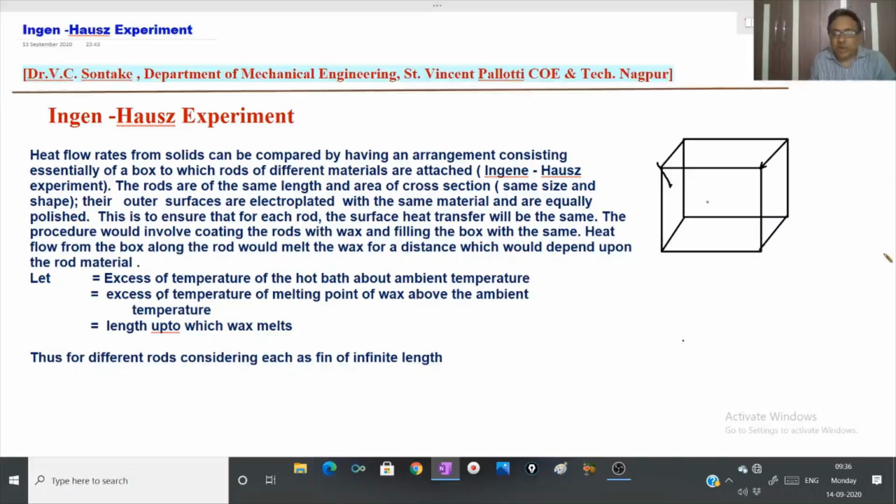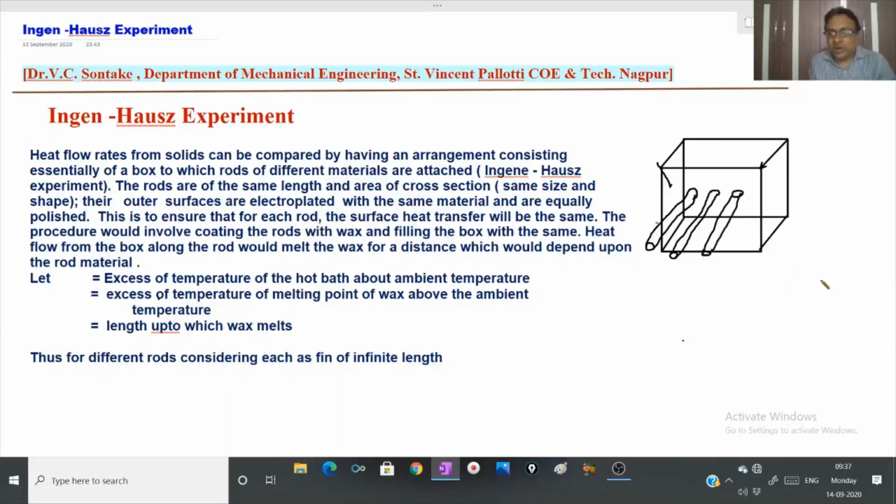So there is a box containing some heat source, and to this box rods of the same length and same diameters are attached. For example, I am representing here only three rods.